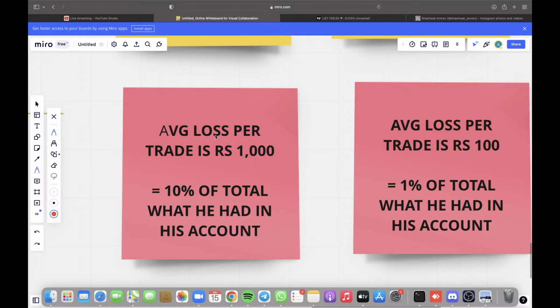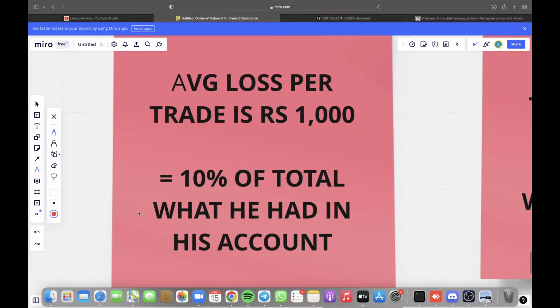Raju, right? Why Raju? Because he is losing a lot.